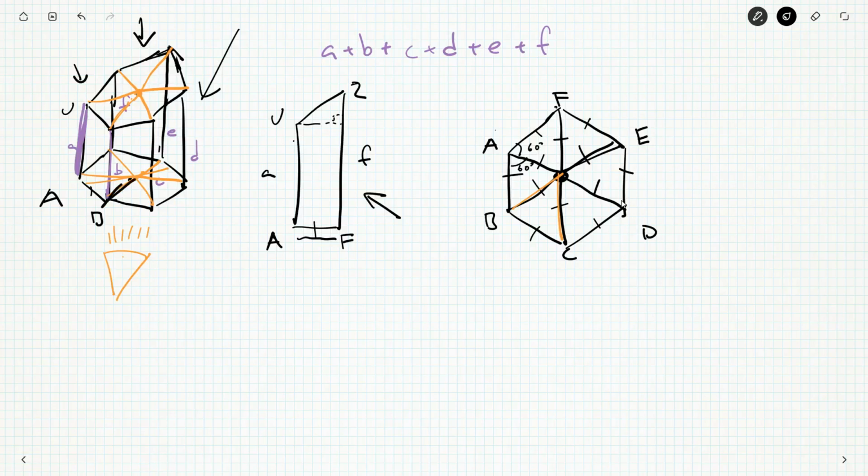Parallelograms, I believe, project up to parallelograms. And so maybe this midpoint up here is useful after all.